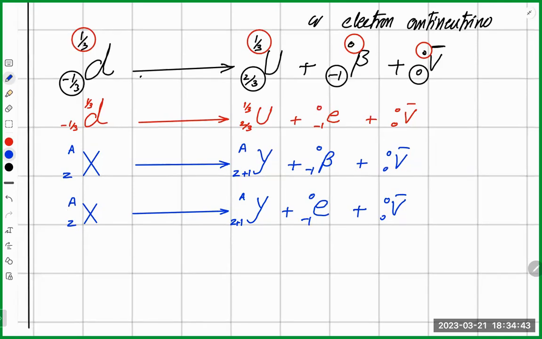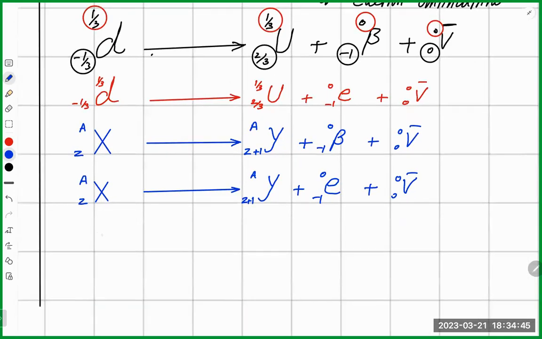So it is the same equation in different ways. A neutron has been converted into a proton, plus an antineutrino.